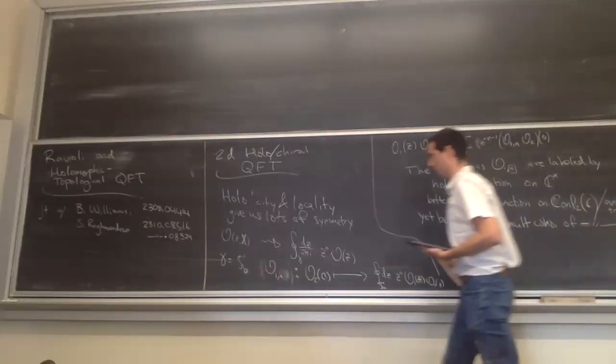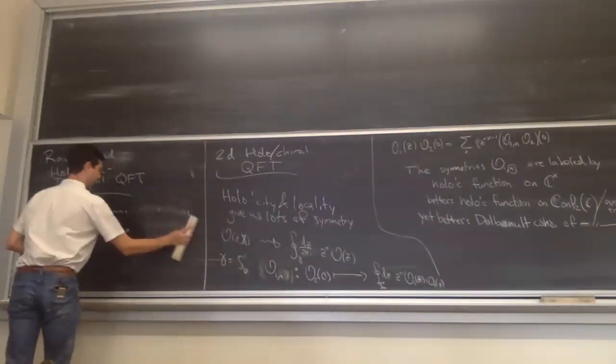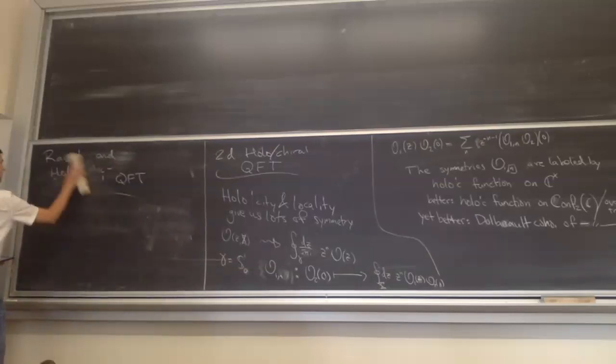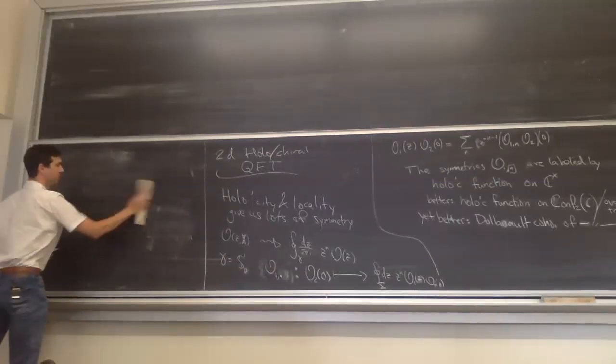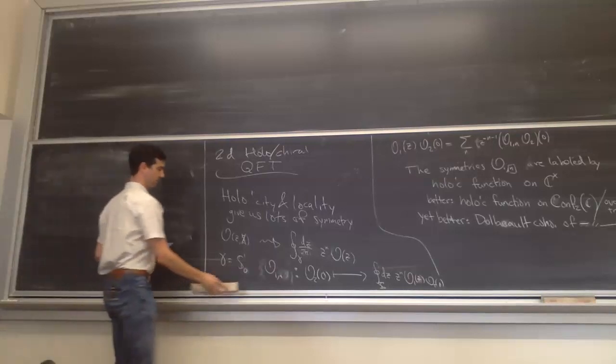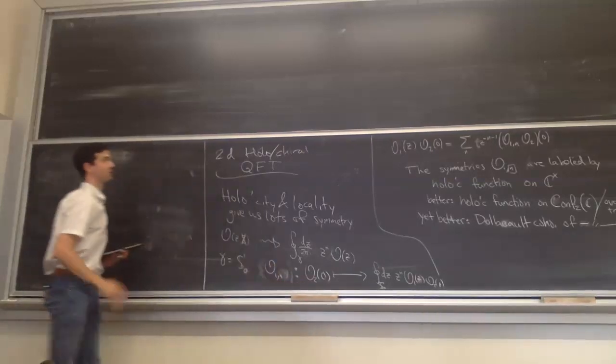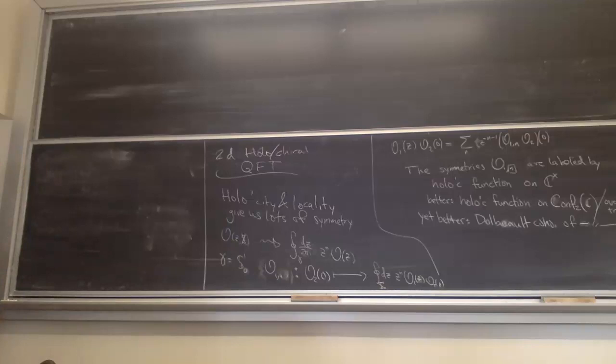Okay, so this is the old stuff. Now I'd like to tell you about one dimension higher. So we're going to work in a three-dimensional quantum field theory that's part holomorphic and part topological.